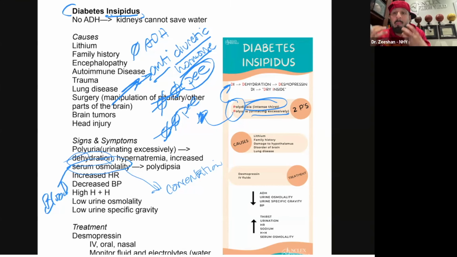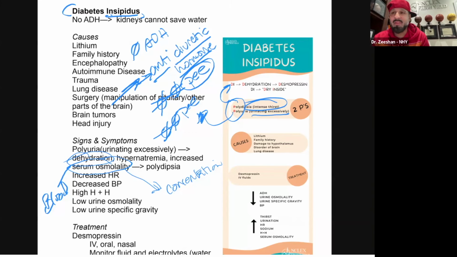My blood is becoming thick and viscous because I'm peeing everything out. So everything tends to become more concentrated. If my blood concentration goes up, my serum osmolality, interchangeable terms, has also gone up. So I have an elevated serum osmolality.